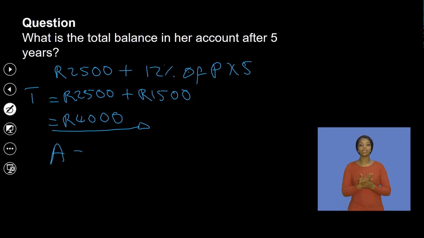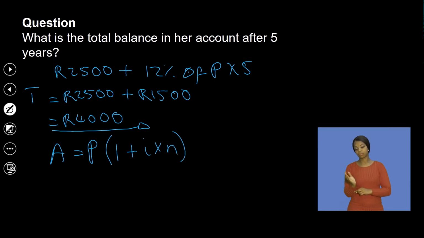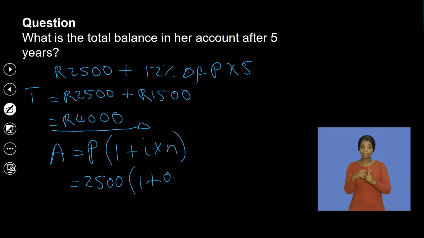Instead, I can just say my A is equal to P, open bracket, 1 plus I multiplied by N. Remember, this is the simple interest formula. And this will be equal to P, the principal amount she started investing with, and then 1 plus the interest. Remember, we don't write it as a percentage but as a decimal, and we multiply this by 5.